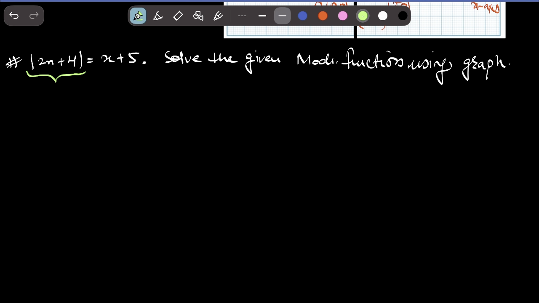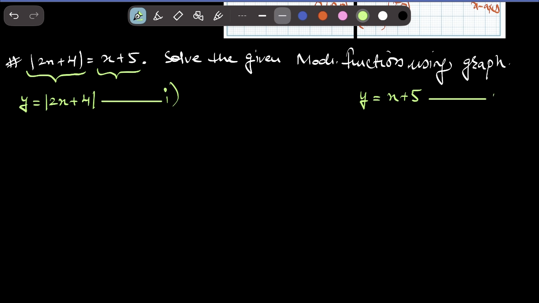This is y equals mod of 2x plus 4 and y equals x plus 5. So first of all, I will write down y equals 2x plus 4, and on the other side I am writing y equals x plus 5. This is my equation number 1 and this is my equation number 2.